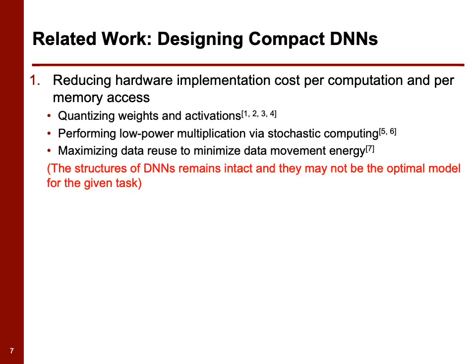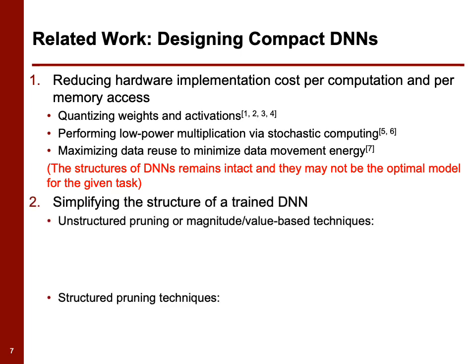One direction is to reduce hardware implementation cost per computation and per memory access, such as quantizing weights and activations, performing low-power multiplication with stochastic computing, and maximizing data reuse to minimize data movement energy. The limitation of these works is that the structures of DNNs remain intact, and they may not be the optimal model for the given task.